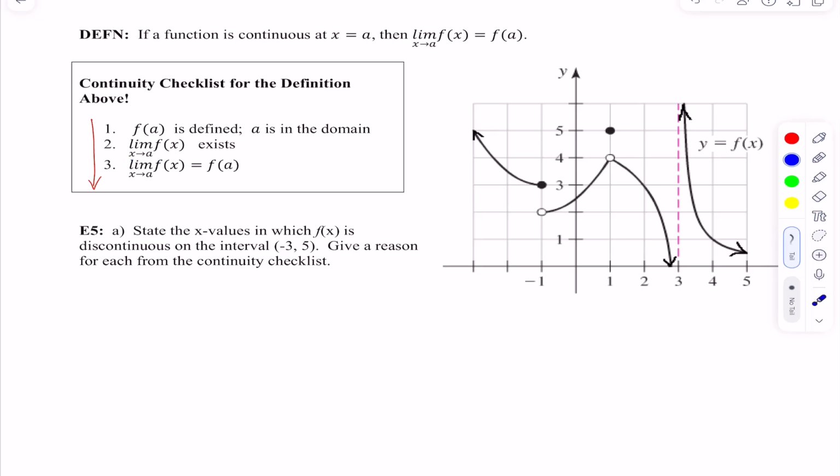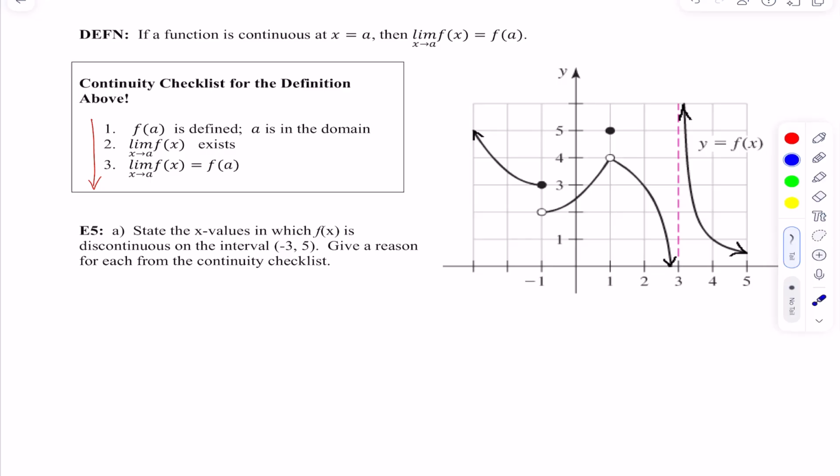And third, not only does that limit have to exist, it has to equal that range value f of a, which is from step 1. So make sure you're doing this continuity checklist in order 1, 2, and 3, and that's how we proceed to describe whether a function is continuous at a single value.